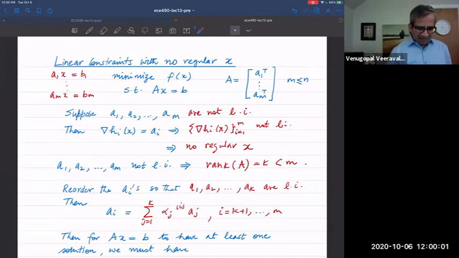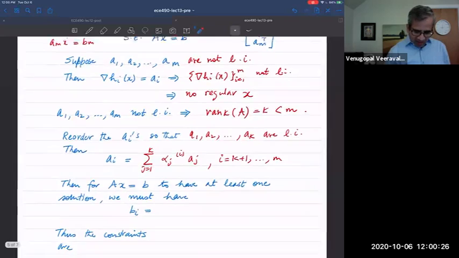So when I say that the first k of these are linearly independent, and the others are linear combinations of them, then the b's have to be the corresponding linear combinations of the b's from the first k. Otherwise, these equations are not going to be consistent.